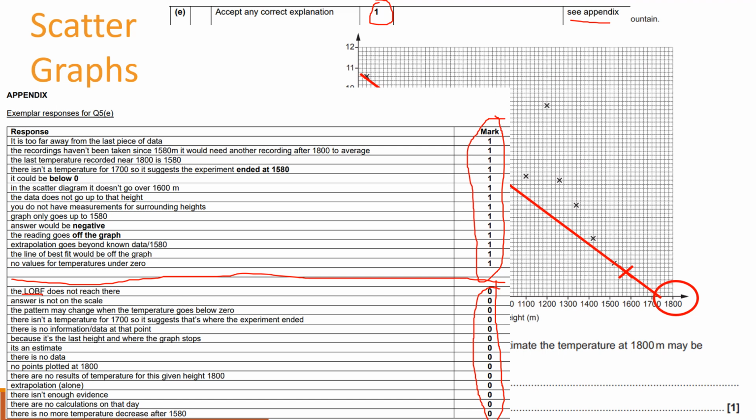So they're looking for you to put in numerical values to state where the last data was put in. It would need another recording after 1,800 to average. The last temperature recorded near 1,800 is 1,580. So any of the reasons here above the line are acceptable. So I'll let you have a read through any of those to see which one you chose to use.